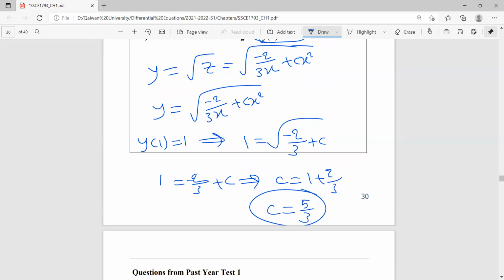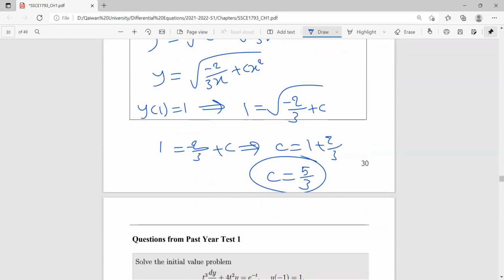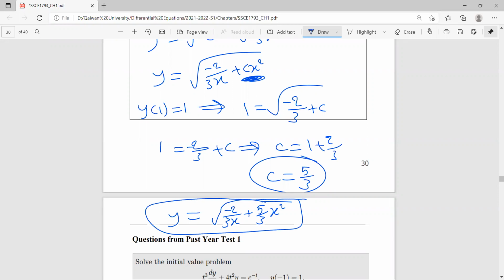This is the value of the constant. That means for the differential equation, we just replace c by its value. We get y equals the square root of minus 2 over 3x plus 5 over 3x squared. This is the solution of the differential equation.